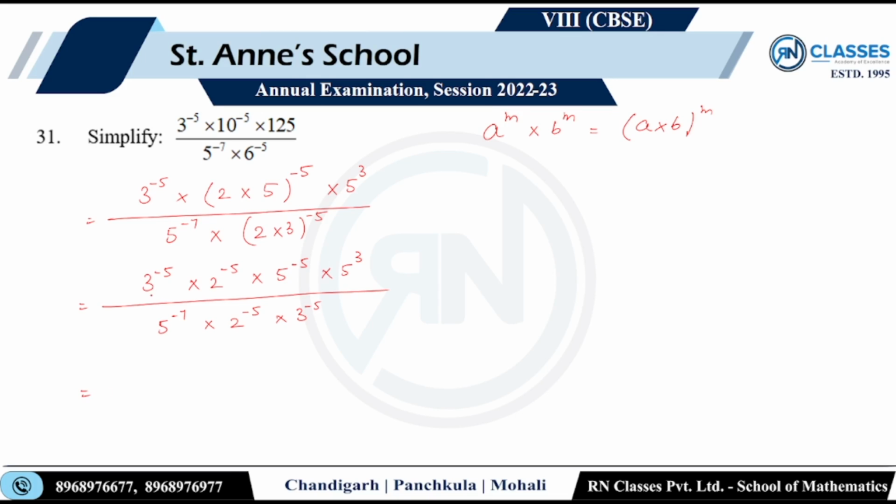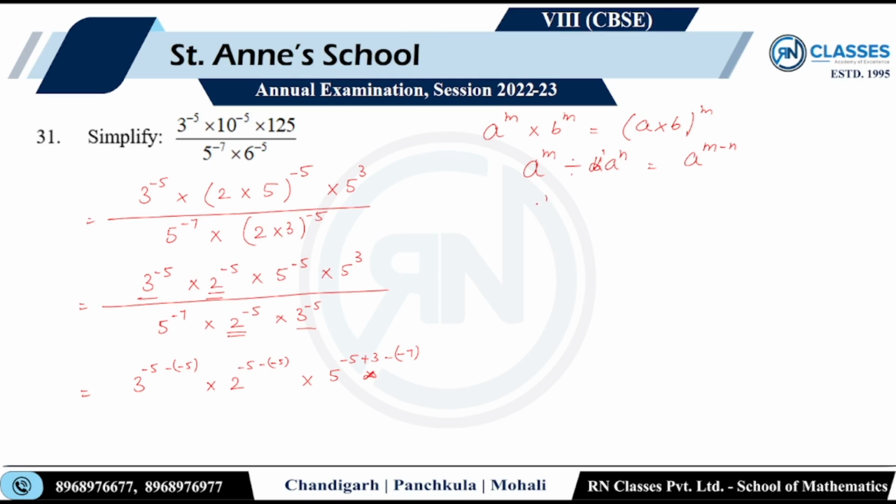Right? यहाँ पे 3 की पावर, यहाँ पे भी 3 की पावर, 3 की पावर minus 5 minus of minus 5 into 2 raised to the power minus 5, 2 raised to the power minus 5 into minus of minus 5, done, into 5 raised to the power minus 5 into 5 raised to the power 3 था तो plus 3 हो जाएगा, और minus of minus 7 I used it directly। कौन कौन से यहाँ पे यूज करें, a raised to the power m divided by a raised to the power n is equal to a raised to the power m minus n.